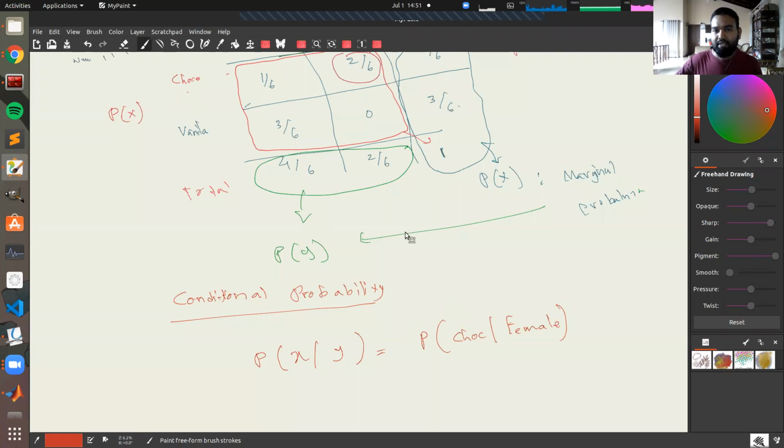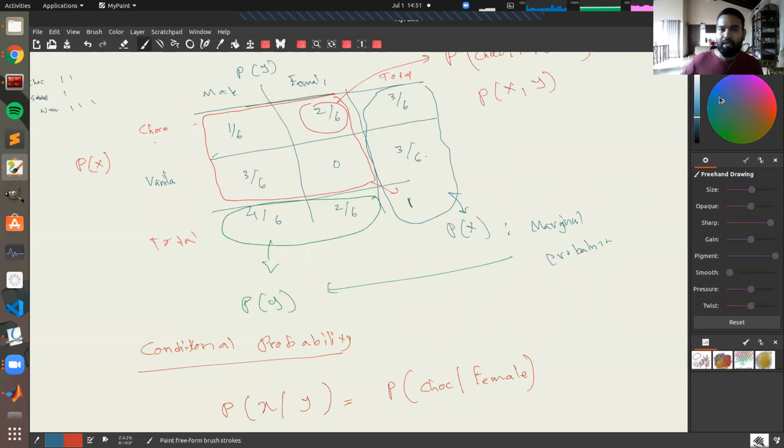When I say given you're female, we look at only this column, out of the people who are female. Actually this might be a bad example because this will be equal to 1, because all the girls here like chocolate.